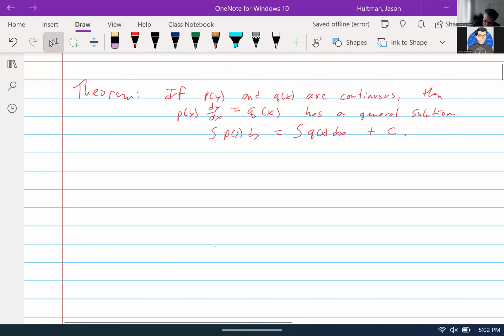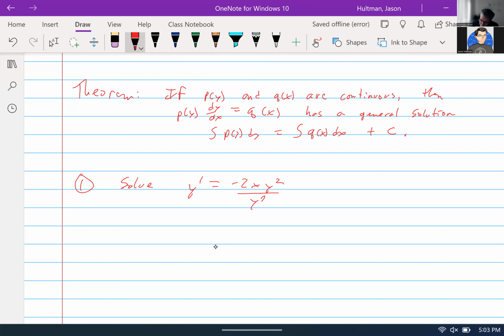Okay, let's do an example for one. Solve y prime is equal to negative 2xy squared. I want all the values of x on one side, all the values of y on the other side. So I'm going to divide by y squared. I'm going to leave the negative on the right side as part of the function of x.